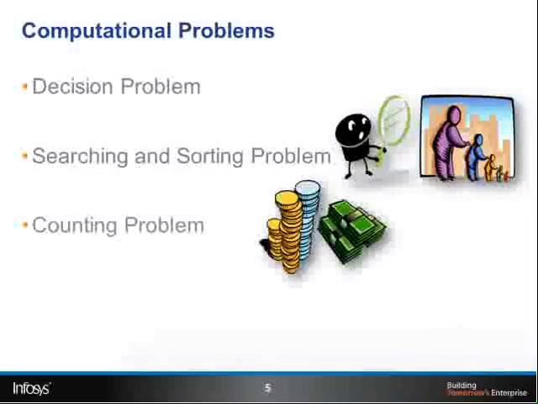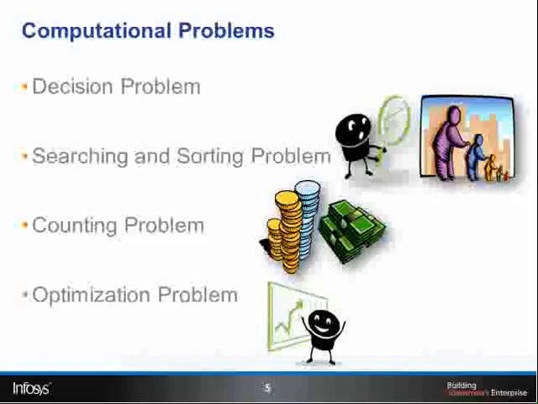Counting problems, which involves counting the number of occurrences of a type of element in a set of elements. And optimization problems, which involves finding the best solution out of the several feasible solutions.